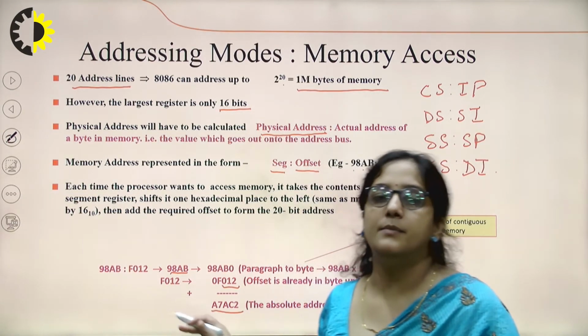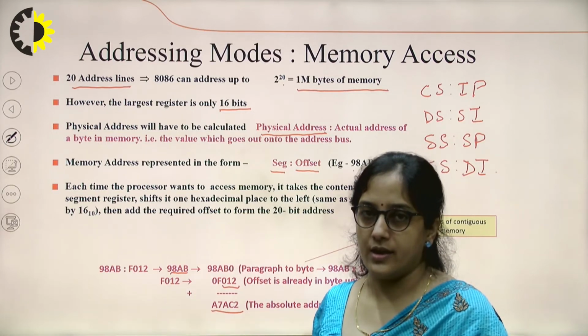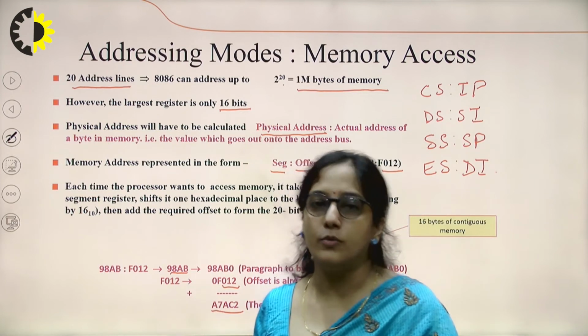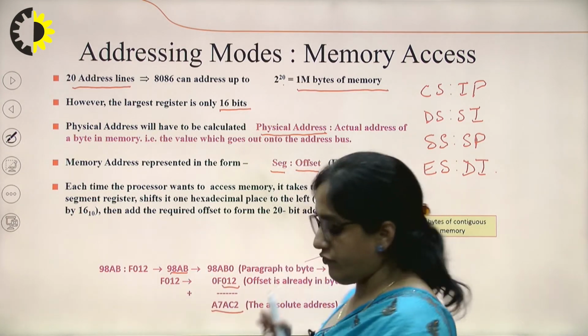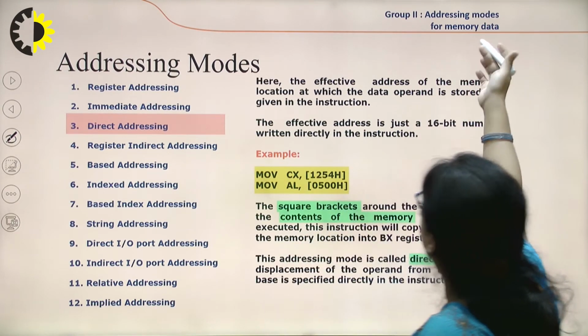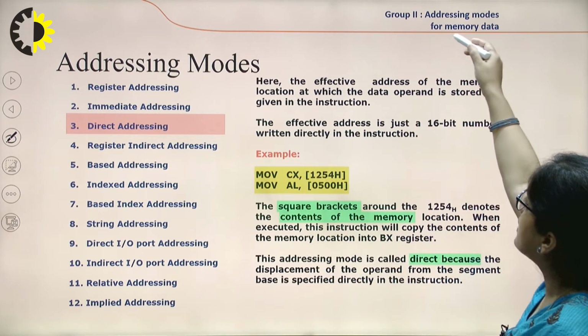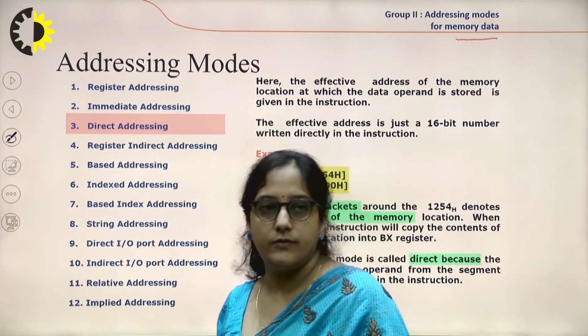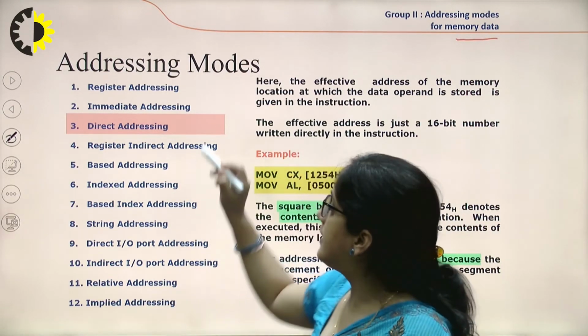This is done by the address generation circuitry. Whenever the microprocessor has to access data from memory, it has to generate this physical address. So in case of group 2, we are discussing the addressing modes which get the data from memory. In that group 2, the first one is the direct addressing mode.